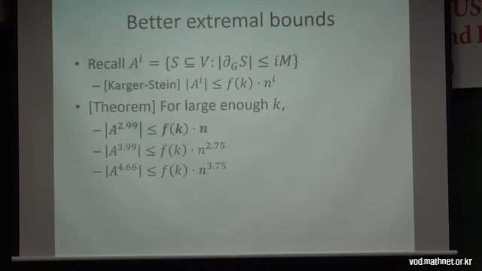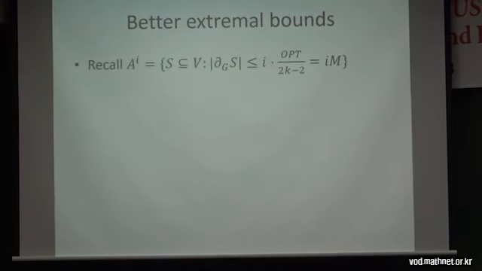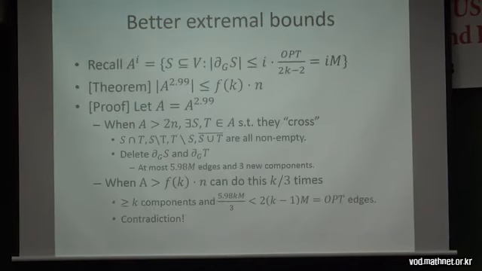Let me try to sketch a proof of the first item. The first item is quite easy. What we know is that if the size of A is greater than 2n, then there exist 2 sets that cross, which means that if you draw the Venn diagram with these 2 sets, all 4 cells are non-empty. In that case, it's similar to the previous approximation algorithm.